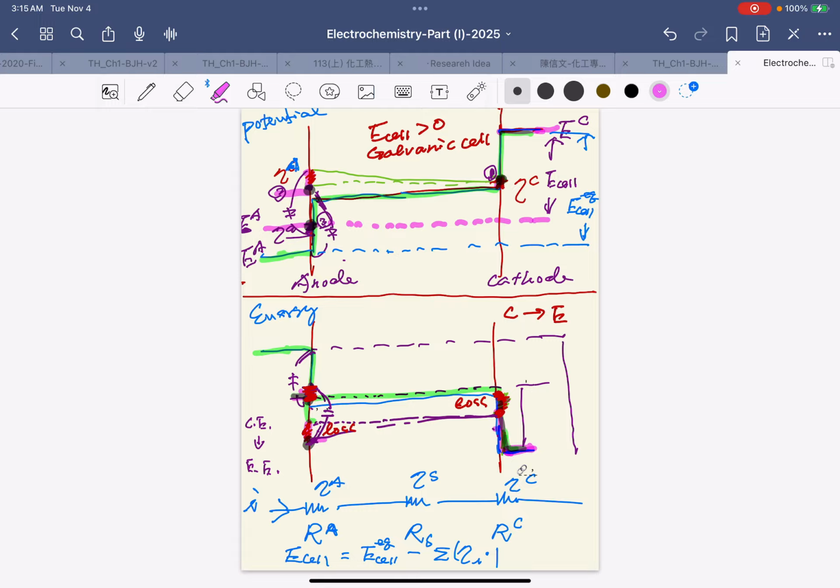So, okay, then up to here. So this is the final potential. Like this is the final E cell. This E cell equivalent.